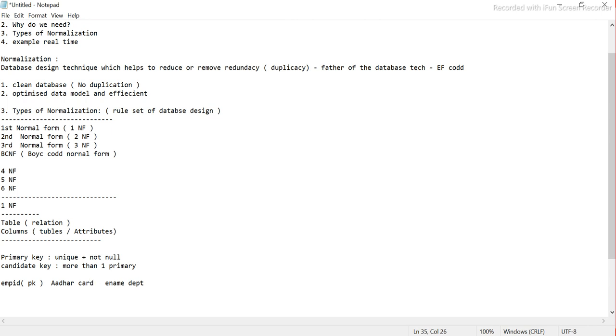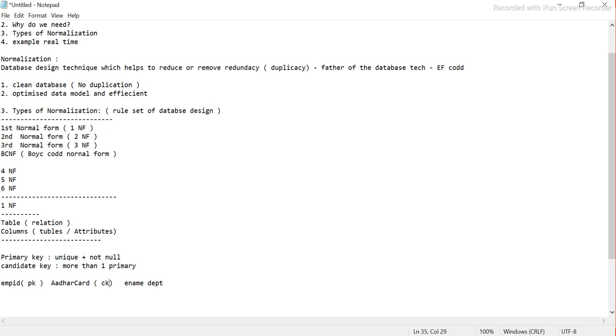So Aadhaar card is also a primary key itself, right? It is not like it cannot differentiate the record. Every record can be distinguished uniquely using this Aadhaar card also. So this is also a primary key, but in a table we can mark only one key as the primary key. So this will be a candidate key.